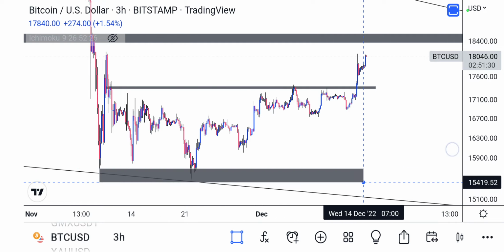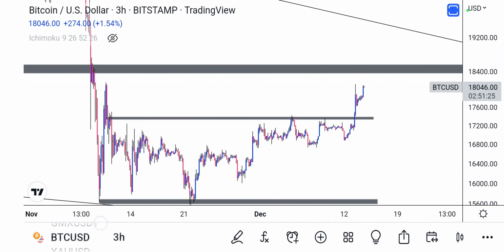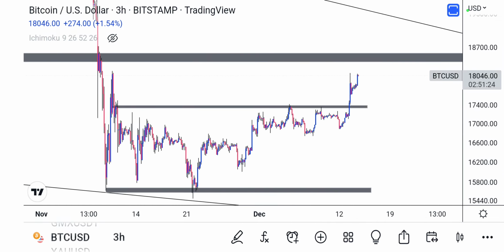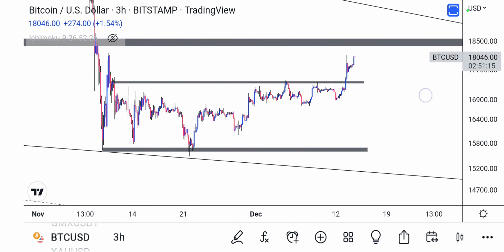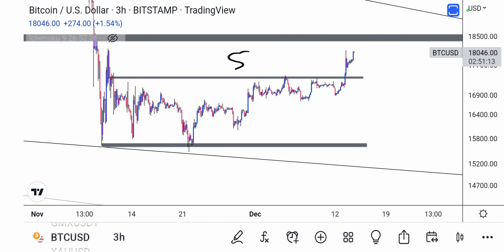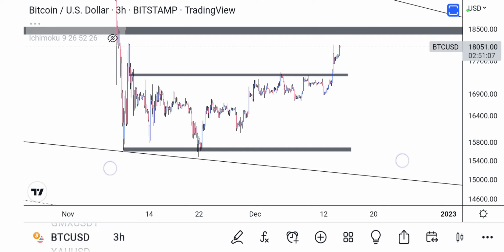So something like this. We can see how price has actually broken this consolidation range where we have the supply zone and the demand zone. It's something very important we should keep an eye on.